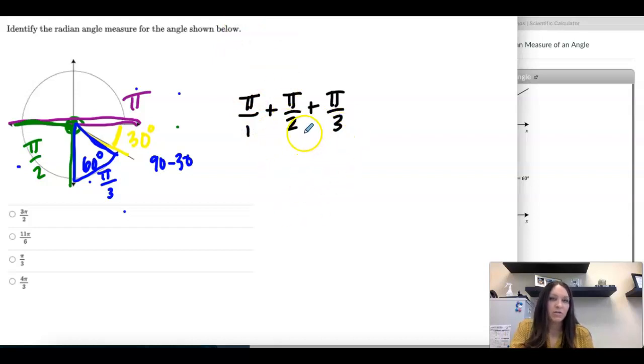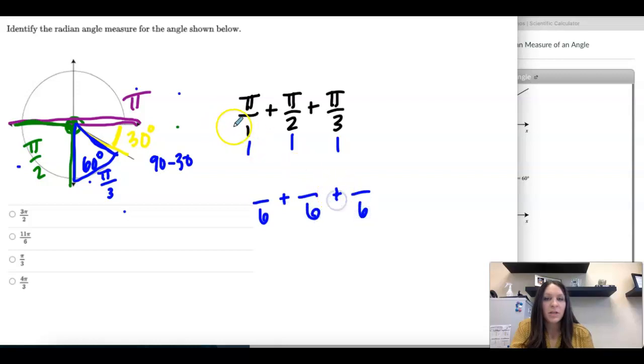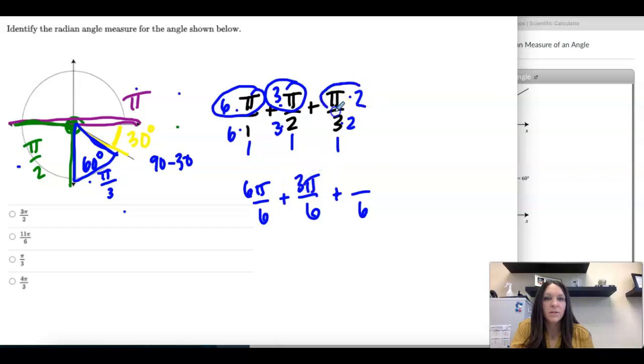So we have to use our fraction rules here, guys, so I need a common denominator. I have 1, 2, and 3, so my common denominator is going to be 6. So I'm going to times this by 6, this by 3, this by 2. So I have 6 pi plus 3 pi plus 2 pi all over 6.